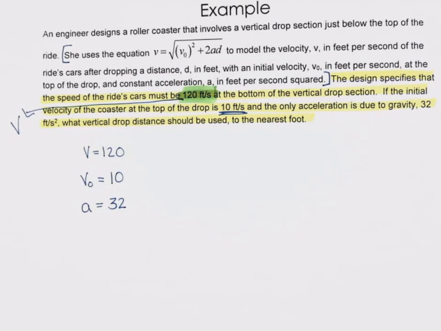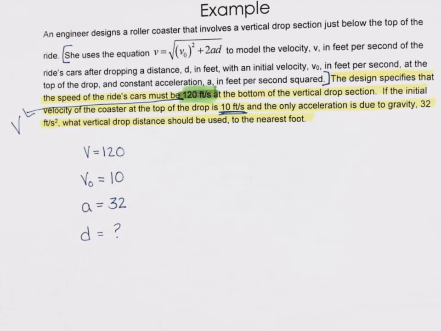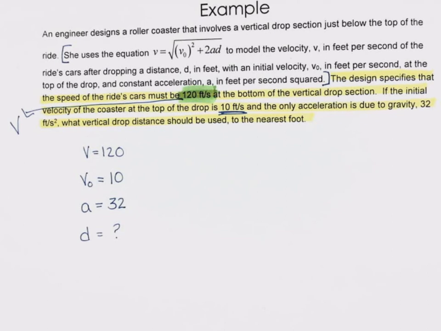And what are we trying to find? The distance. We're trying to find that dropping distance, right? So that you make a ride that's going to go fast enough to get through it and not get stuck.